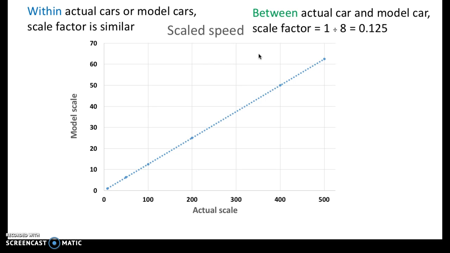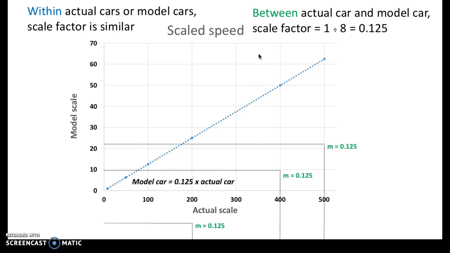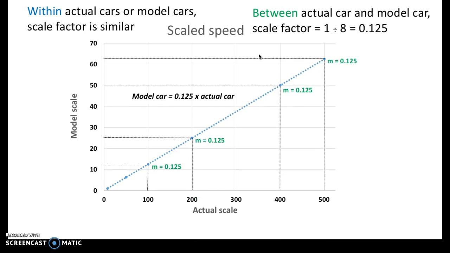We can put all that together in a graph, and we have a linear relationship or linear regression. Again, we see here our between strategy, and here we have the equation that gives us that linear relationship: the model car is equal to 0.125 multiplied by the actual car.